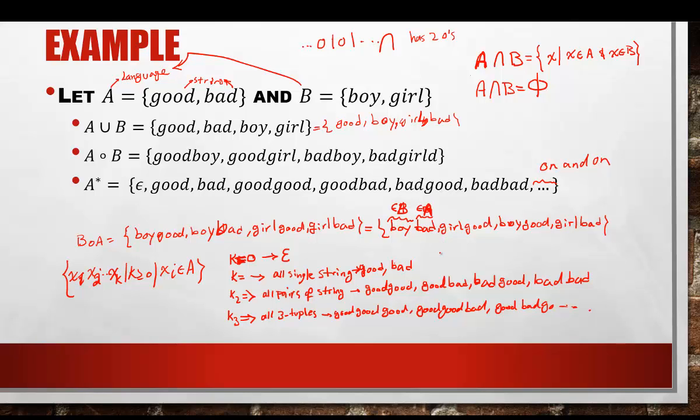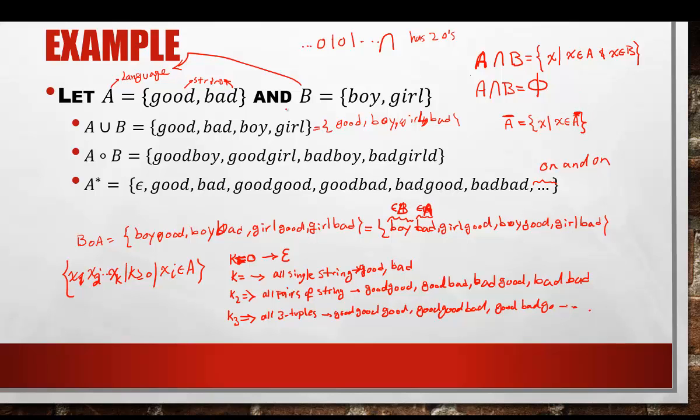Another operation that's also very important for us to look at, at least at this level, is the complement. The complement is an operation performed on a language, and it is basically all the strings such that X does not belong to your original language.